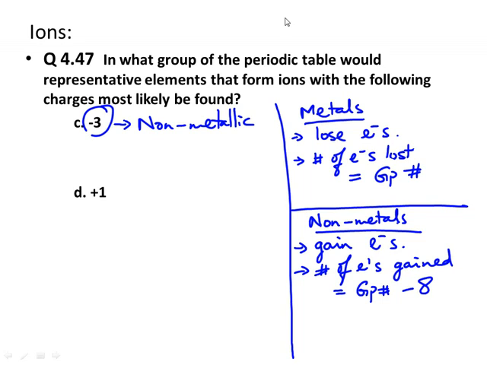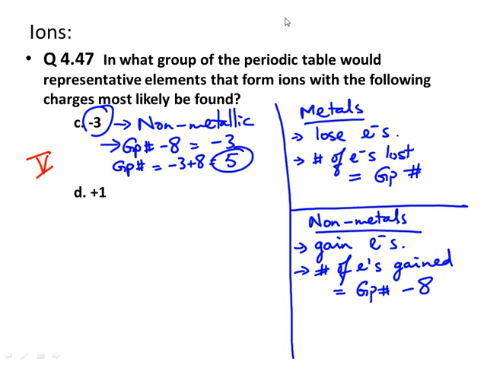Second, if this ion was created by gaining 3 electrons, then group number minus 8 equals -3. If that's the case, group number is equal to -3 plus 8, which gives us 5. This element is in group 5A of the periodic table. So the answer to this question is group 5A.